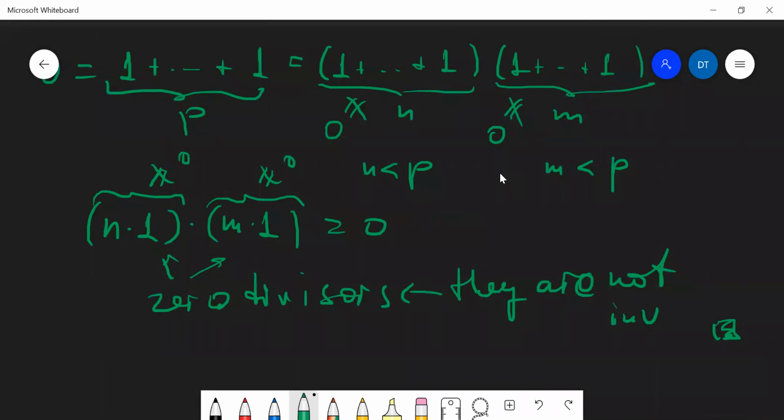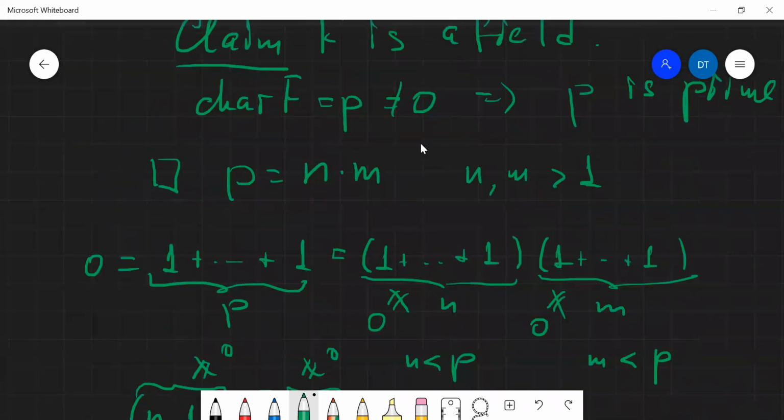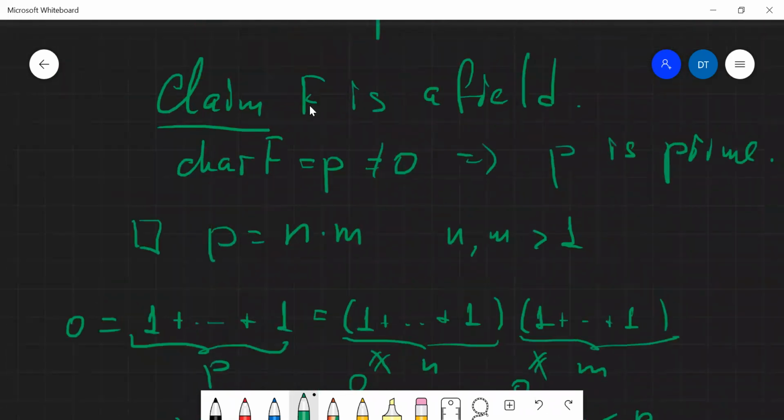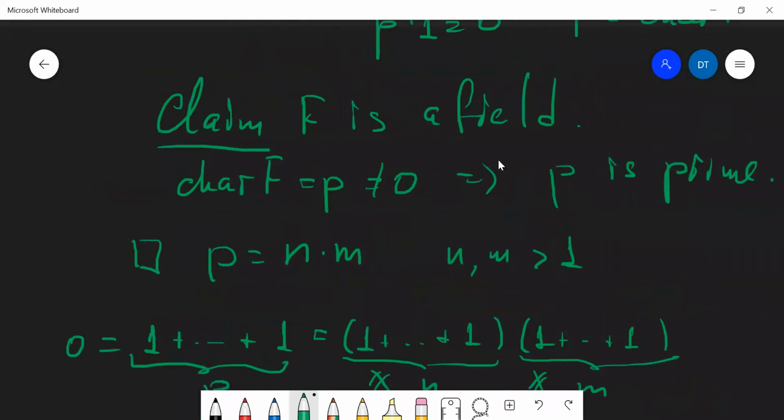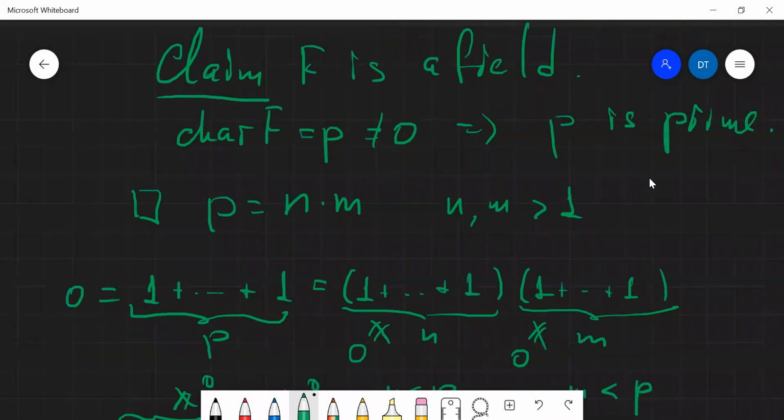But Z10 is not a field. Okay, got it. So here we extensively use the assumption that F is a field. So I missed that Z10 is not a field. ZP is a field if and only if P is a prime number.